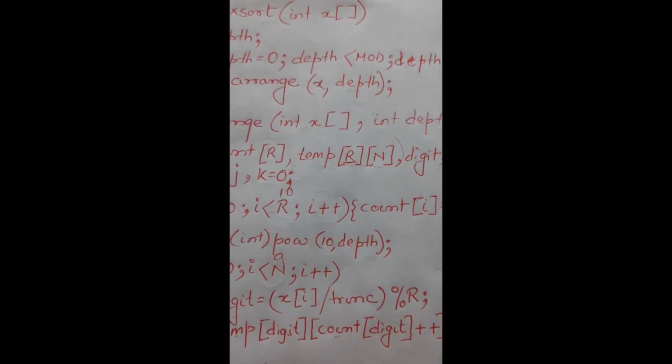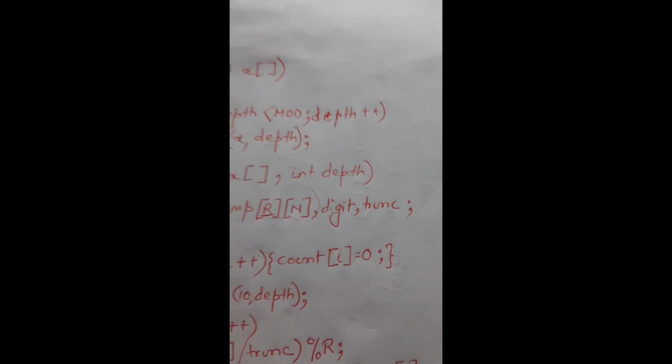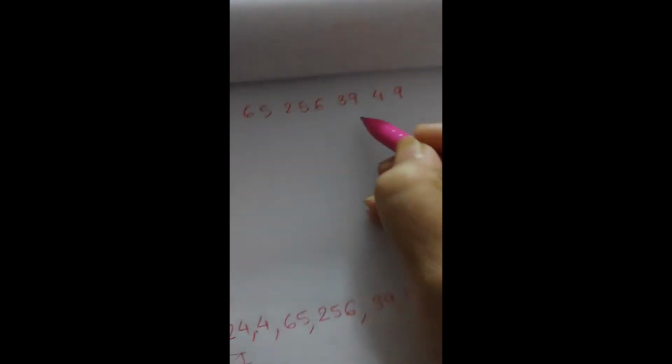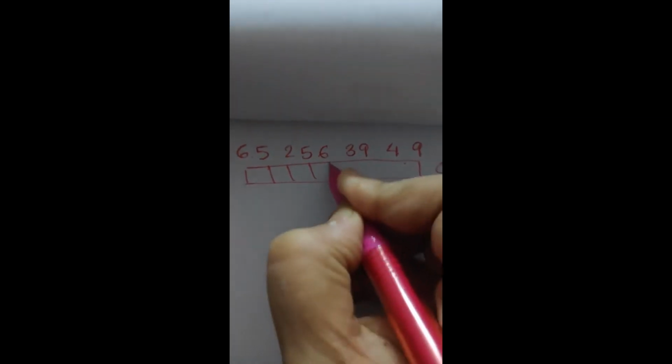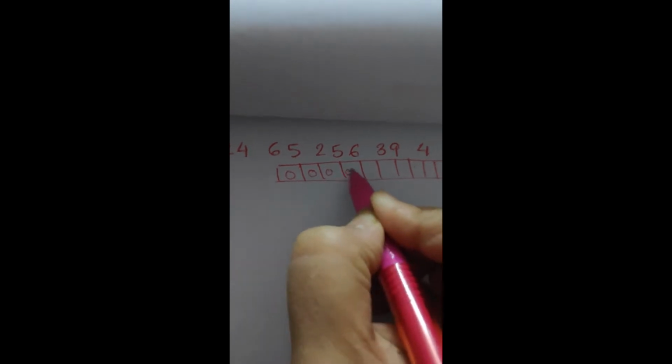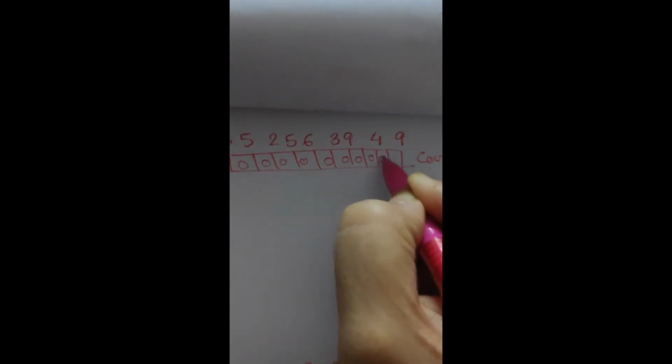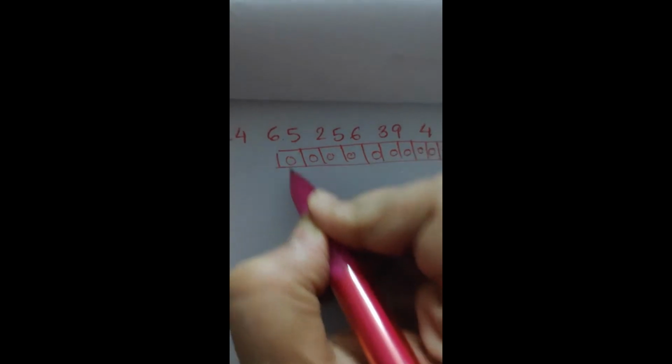That means an array called count has been created, and all the values inside this have been set to 0, and the index of that count array starts from 0 and goes till 9, right?